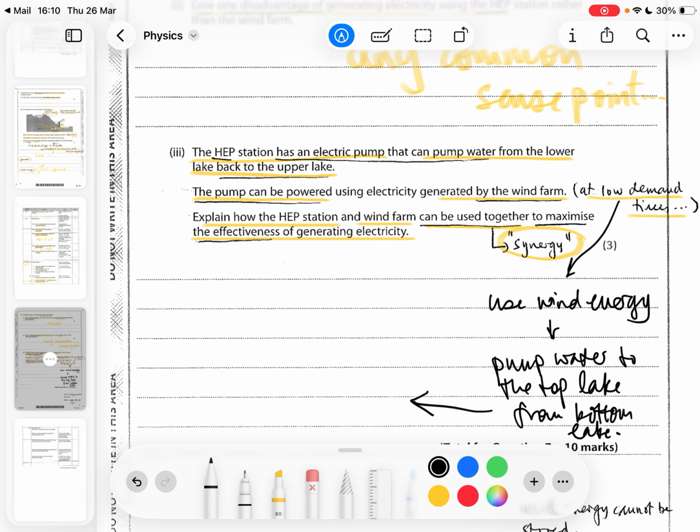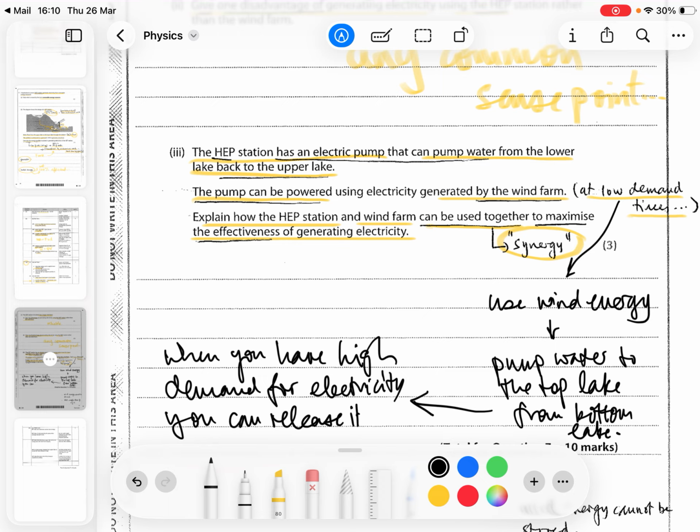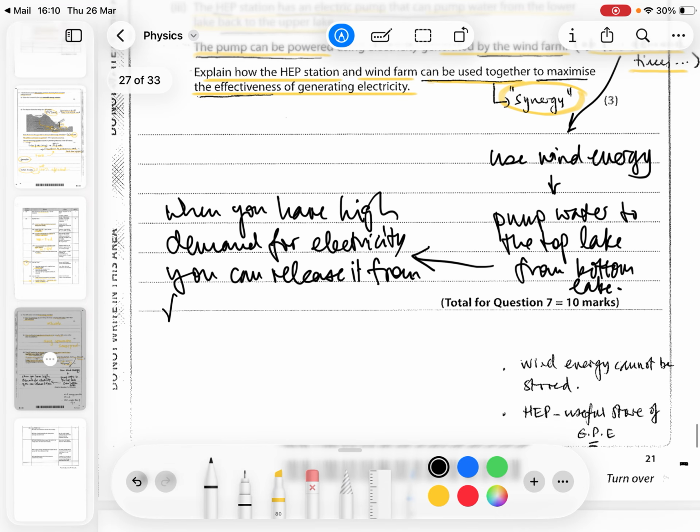Because if you do that, then when you have high demand for electricity, you can release it from the top lake. So then you can get extra energy.